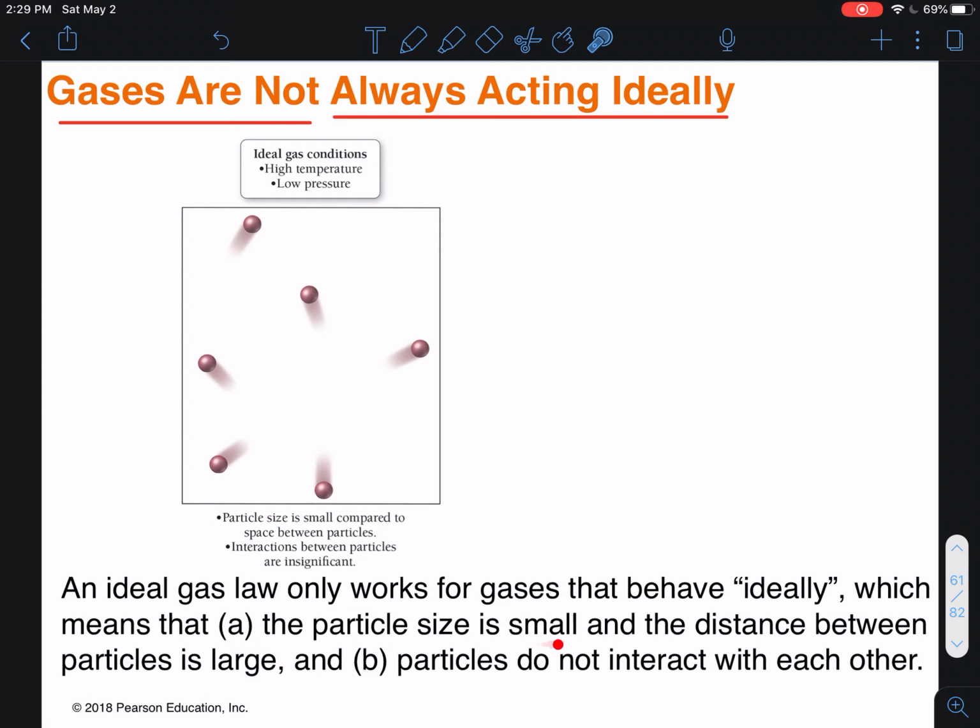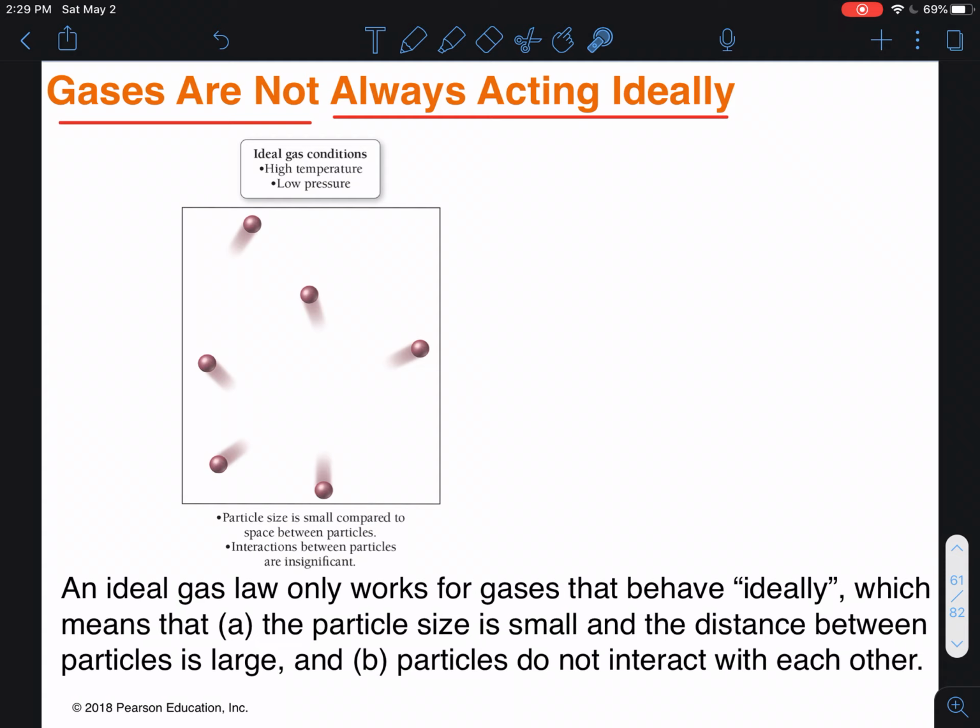If the particle size is small and the distance between them is large, the likelihood that they are going to interact is going to be extraordinarily low. And the other part is particles do not interact with each other at all. Ideal gases behave ideally when we can assume that the gas particles don't interact at all.